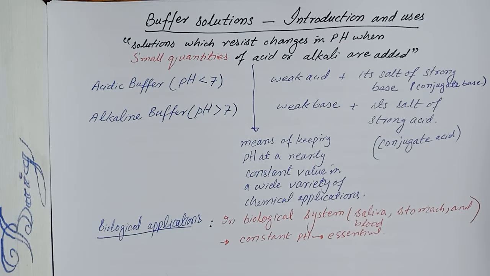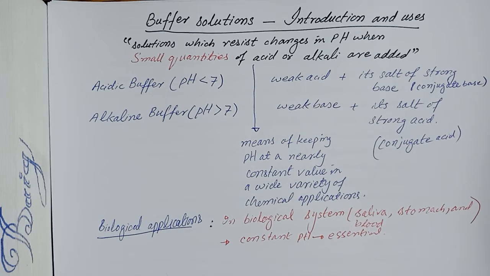Most enzymes work best at particular pH values, so it is important to control the pH of these biological systems.